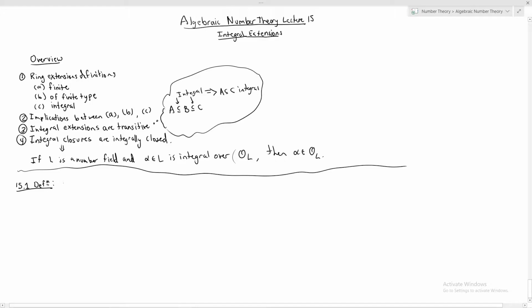First let's say what it means for, I'm going to define everything for integral domains because there are certain things that I use, some of the previous lemmas from previous lectures, that we only proved in the case of integral domains, and we're really only going to need all this stuff in the case of integral domains, but some of it definitely holds more generally. So I'm going to let A contained in B be an extension of integral domains.